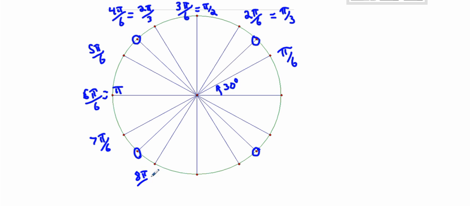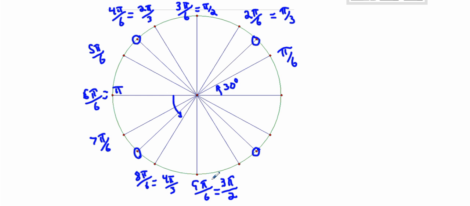Followed by 8 pi over 6, which reduces down to 4 pi over 3. And that's my 60 degree in quadrant 3. Next one would be 9 pi over 6. I'm simply just counting, which reduces down to 3 pi over 2. Got a little messy there, sorry, 3 pi over 2.